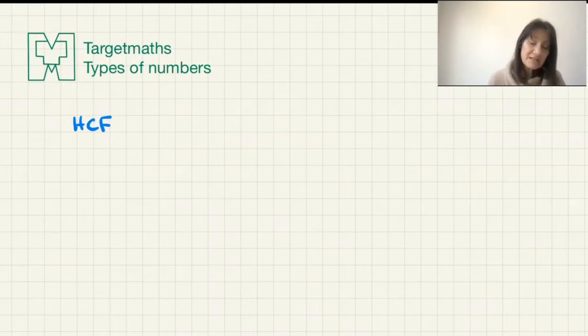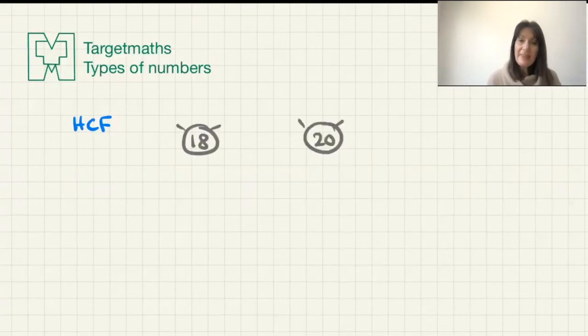So if I'm being asked to find the highest common factor of 18 and 20, I literally just need to find the factors of 18 and 20, and then I'm looking for the highest number that's common in both. And you already have this skill. You don't need to be watching me do it. So hit pause and press play when you think you've got the highest common factor.